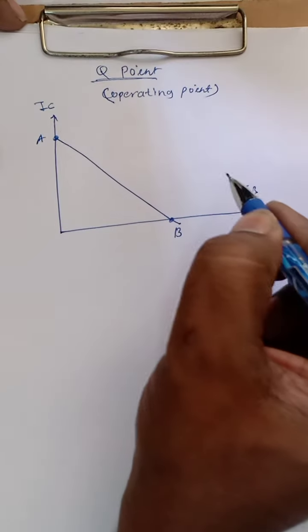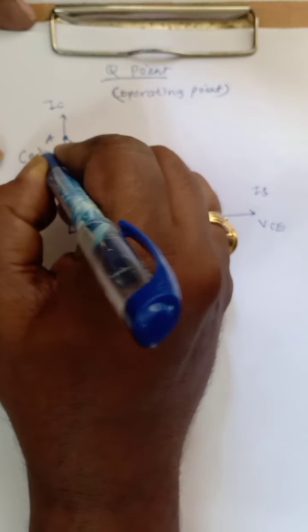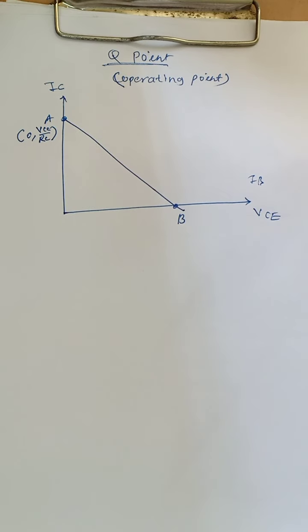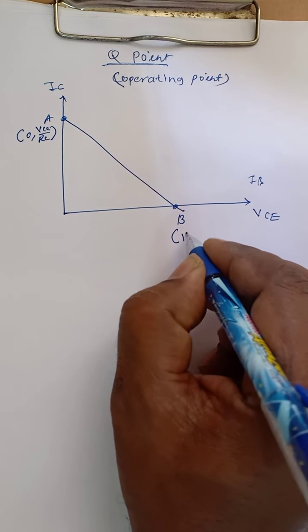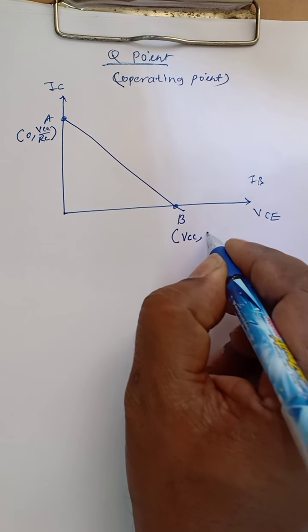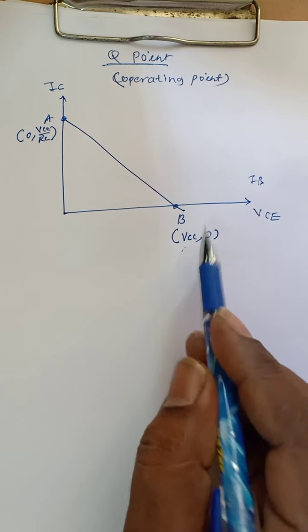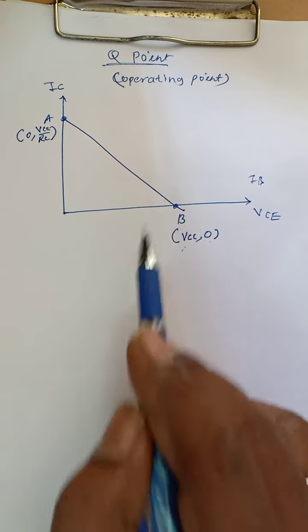The coordinates of A are 0, VCC by RC; the transistor operates at A when it is in saturation. The coordinates of B are VCC comma 0, where x is VCC and the current is 0.